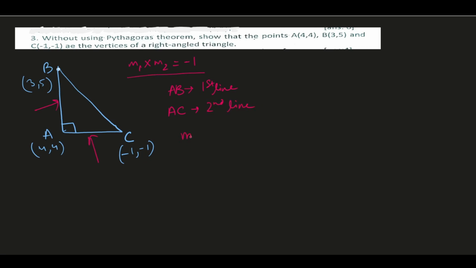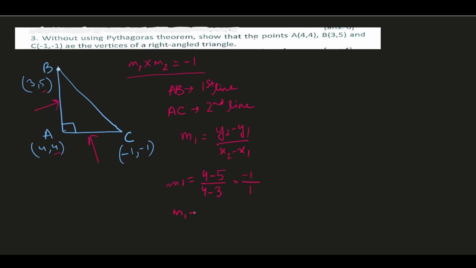Okay. So M1 is equal to y2 minus y1 divided by x2 minus x1. So here M1 will be equal to y2, here 4 minus 5, divided by x2 minus x1, that is 4 minus 3, which will be equal to minus 1 divided by 1.